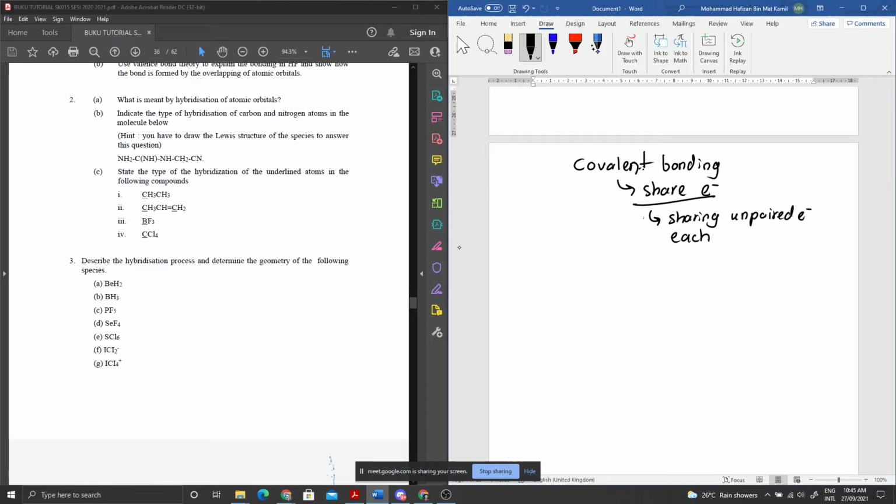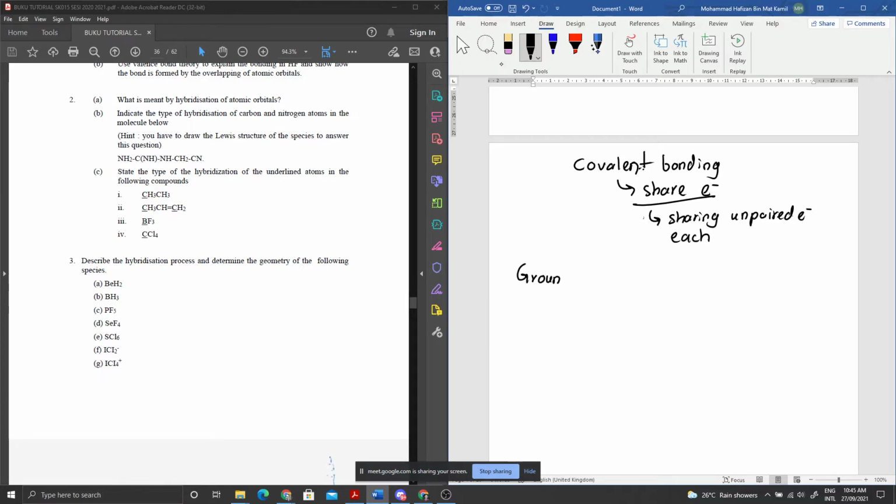So ground state of boron. So untuk kita tengok hybridization, kita only explain it central atom, okay? Because central atom yang usually akan do hybridization, okay?